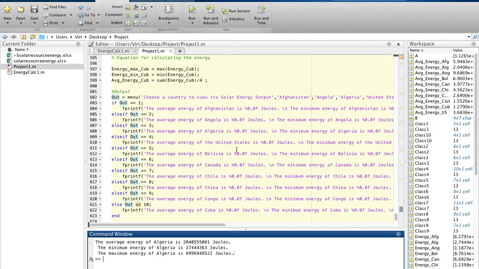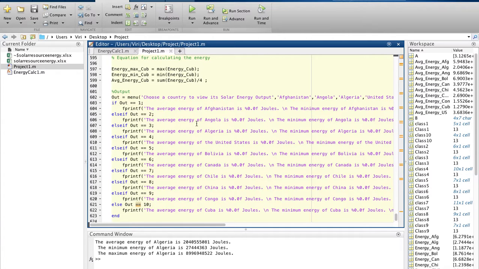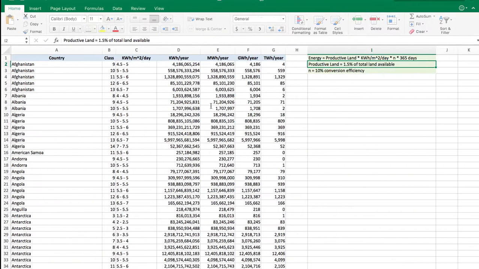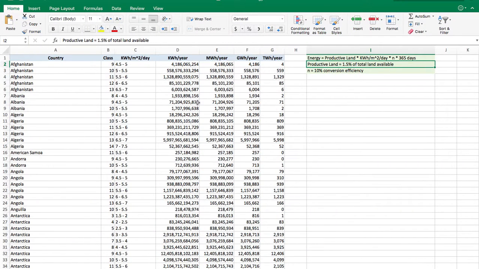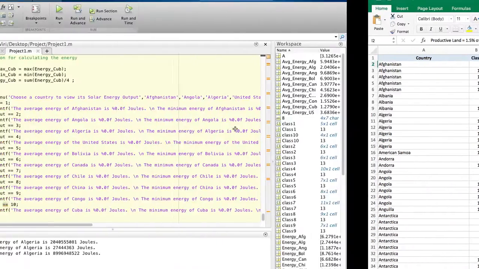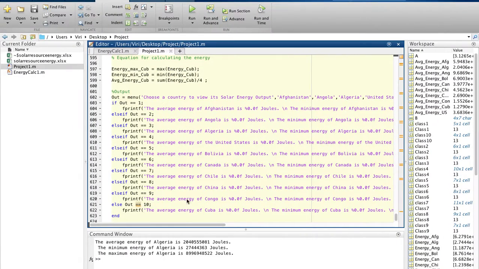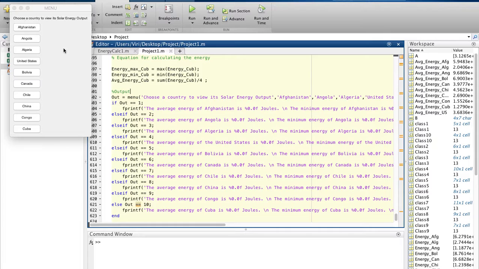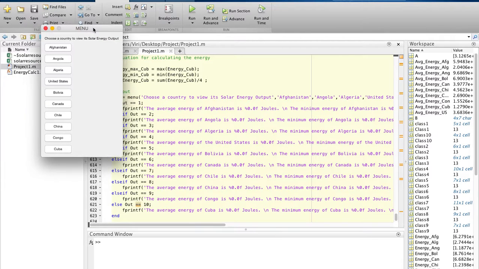They wouldn't have to waste time trying to determine and calculate each time. If an engineer was using this, all they had to do is just change the data here and input the raw data, and then use this code to determine what each country is providing in terms of energy, and it would be very easy for them.